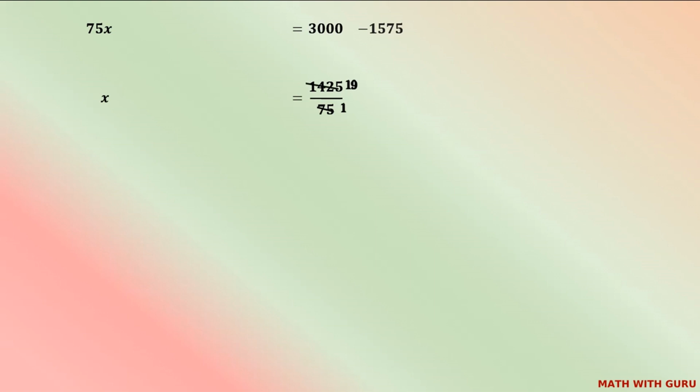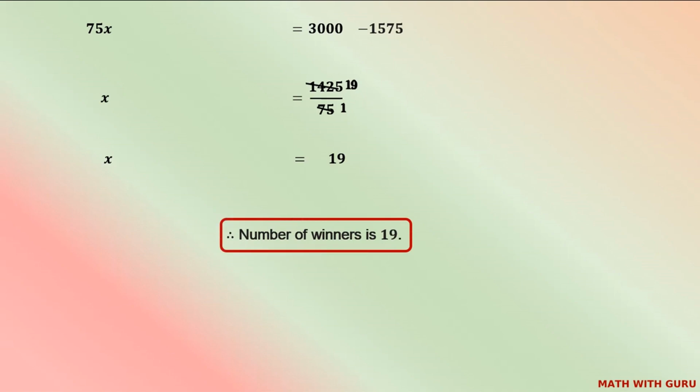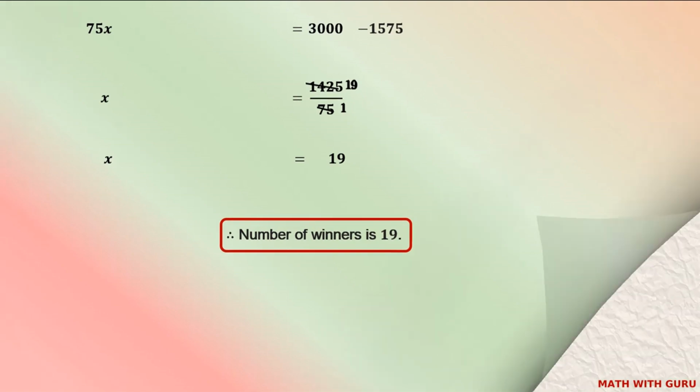You can first divide by 5, then again by 5 and then by 3 to get 19. x equals 19. Therefore, number of winners is 19. Please verify the answer yourself. Verification is left to you.